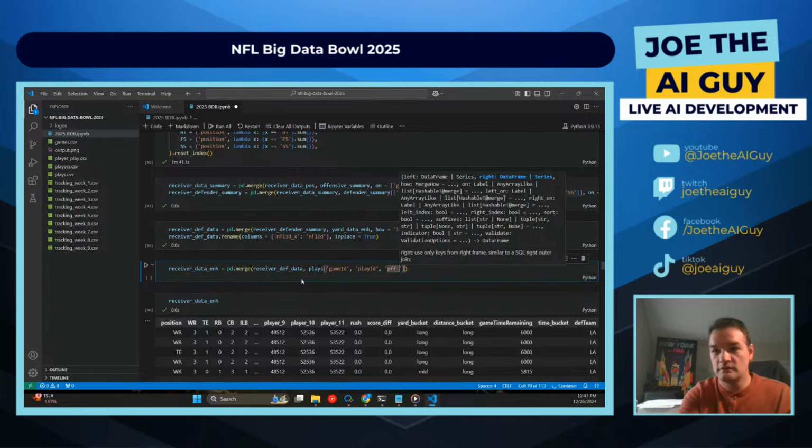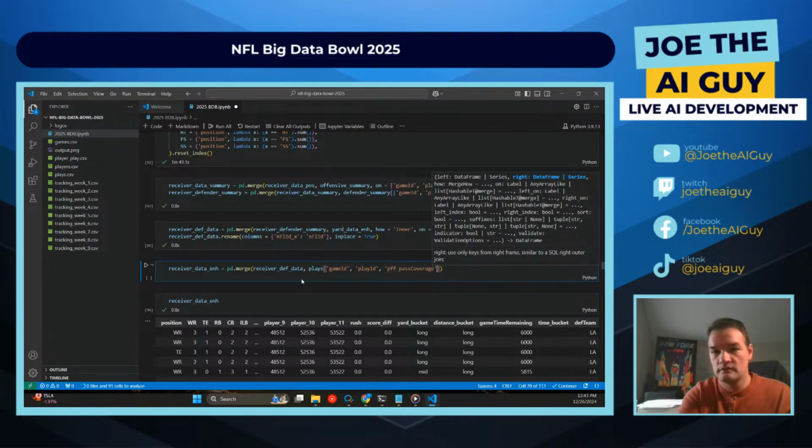And then on, this is now game ID and play ID.